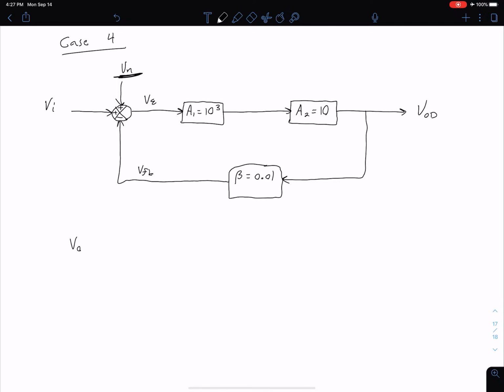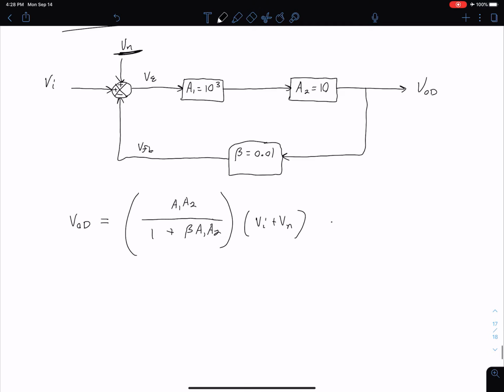So we can say our V output D is equal to, remember our old equation, A divided by 1 plus beta A. Well, now our A is A1 times A2. So we have A1 times A2 divided by 1 plus beta times A1, A2. And instead of just a single input voltage, the input voltage is now VI plus Vn.